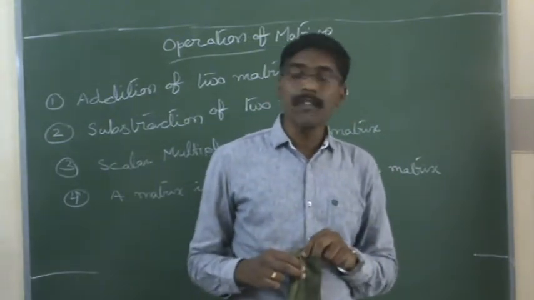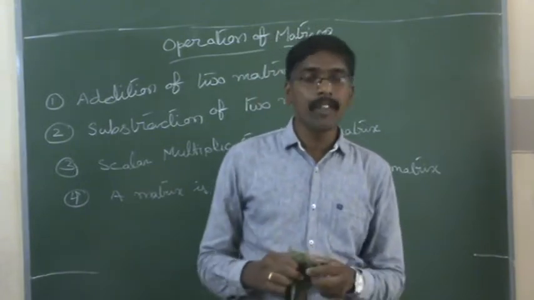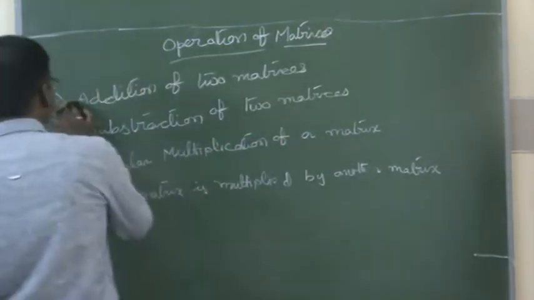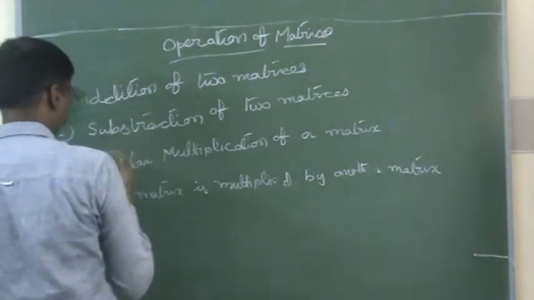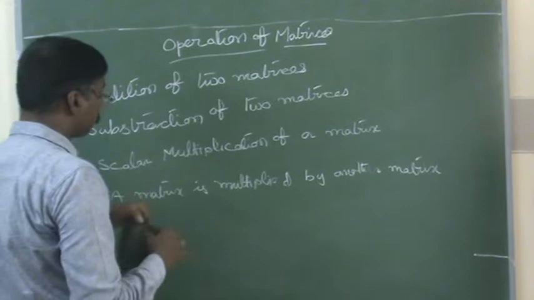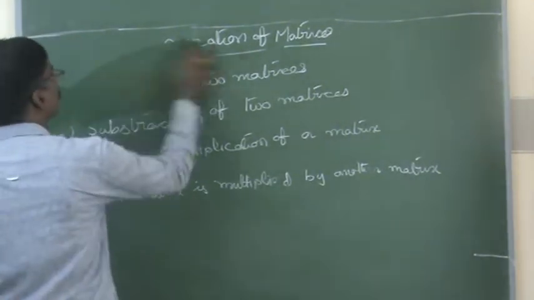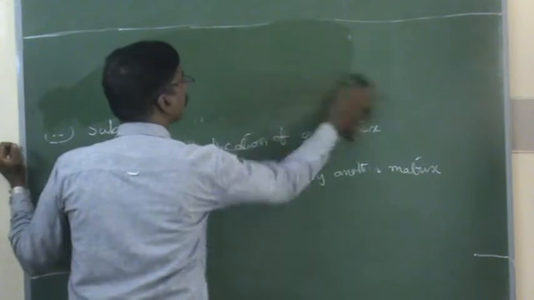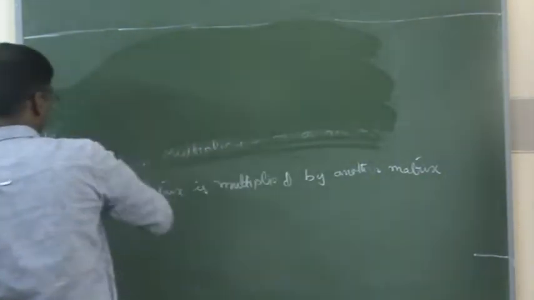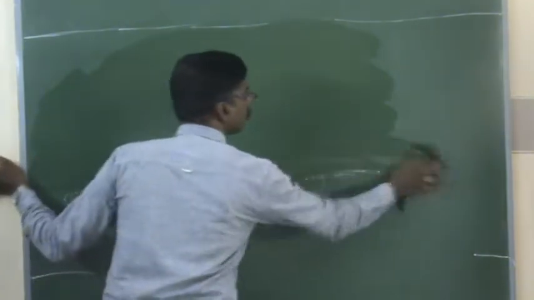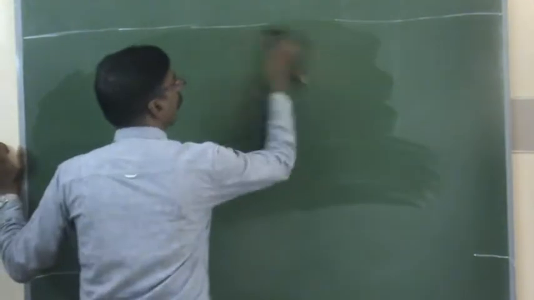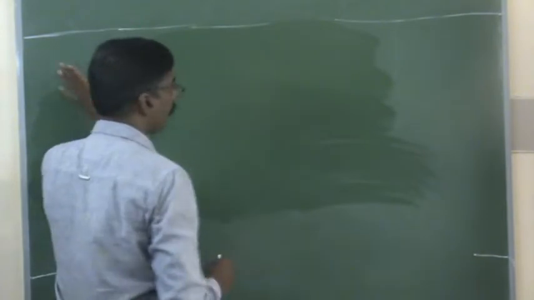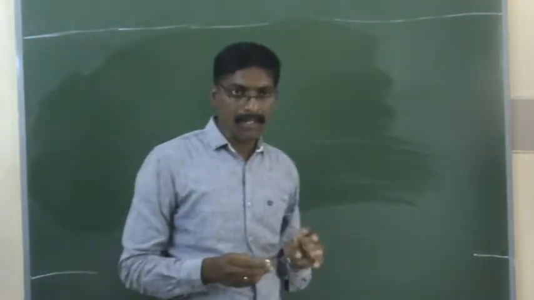What is the condition for addition of two matrices to be valid?